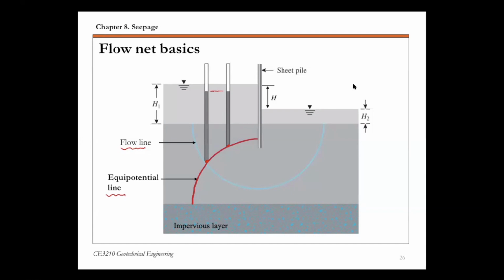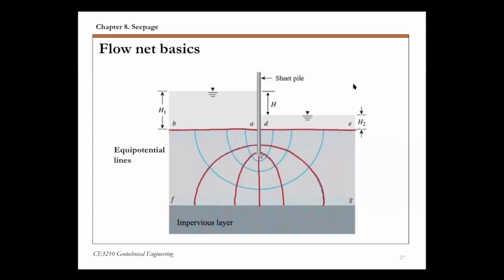If they rise to the same height, that means they have the same energy. If you put another standpipe at a third location on the same equipotential line, it's going to rise to the same height. So that's an equipotential line. And for a given flow net, you have a number of equipotential lines.